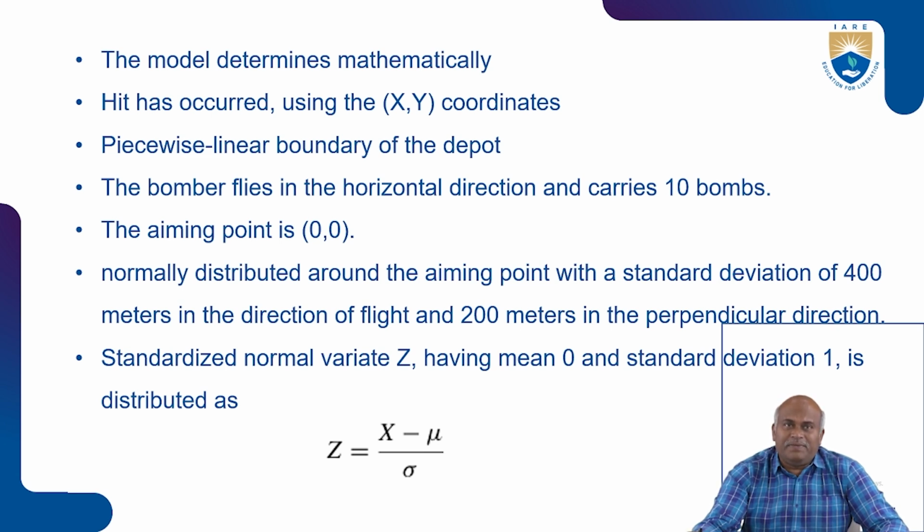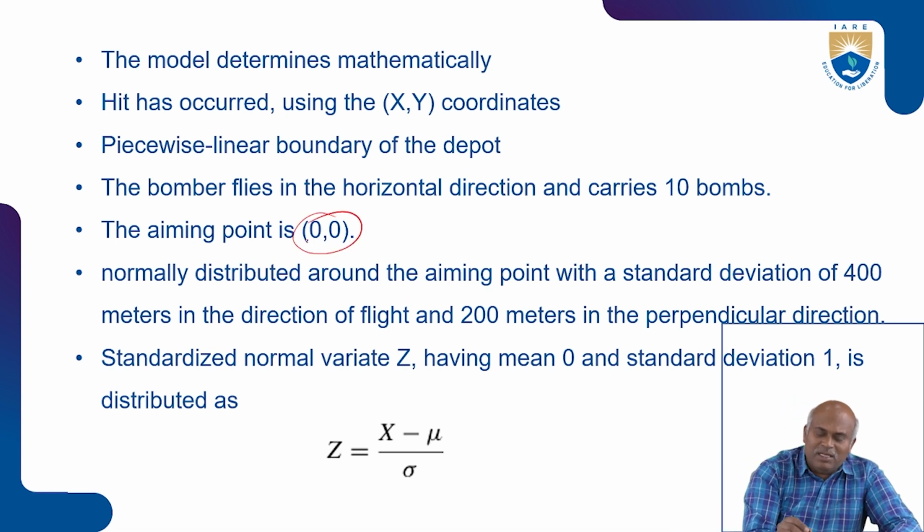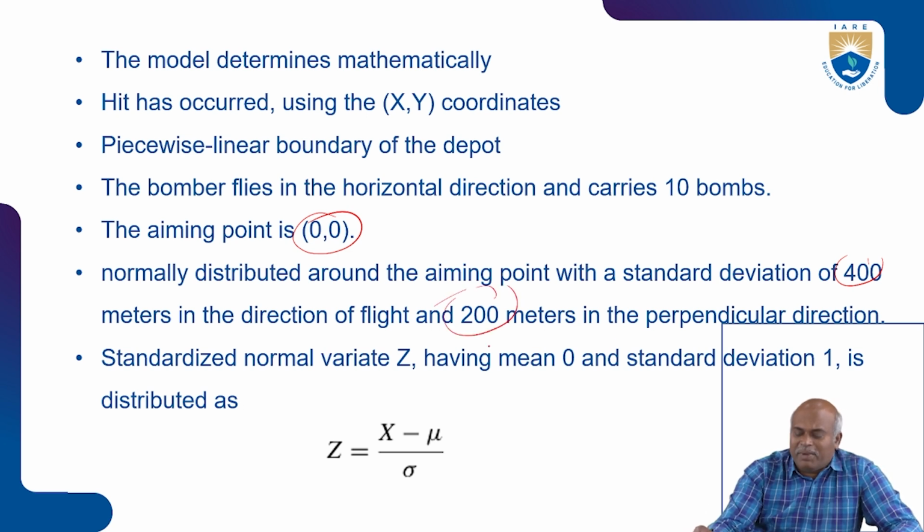The bomber flies in the horizontal direction carrying 10 bombs. The aiming point is always at 0, 0. The impact is normally distributed around the aiming point, with standard deviation of 400 meters in the direction of flight and 200 meters in the perpendicular direction.